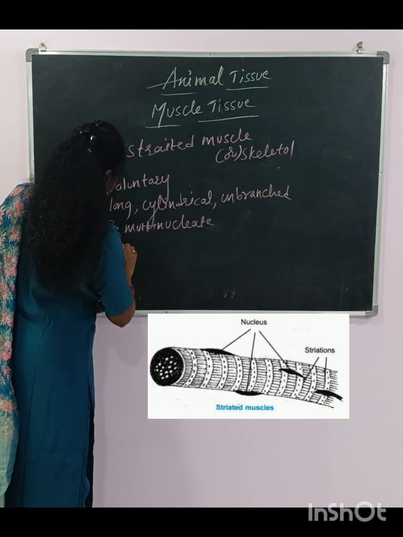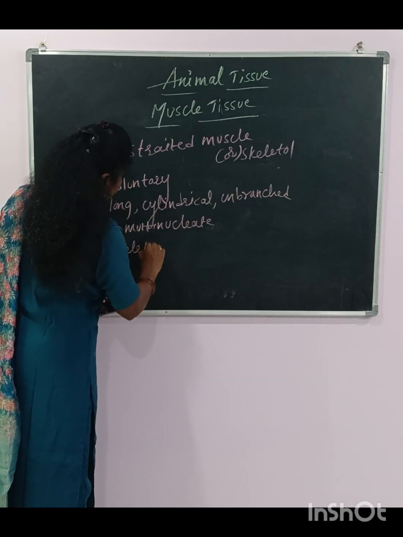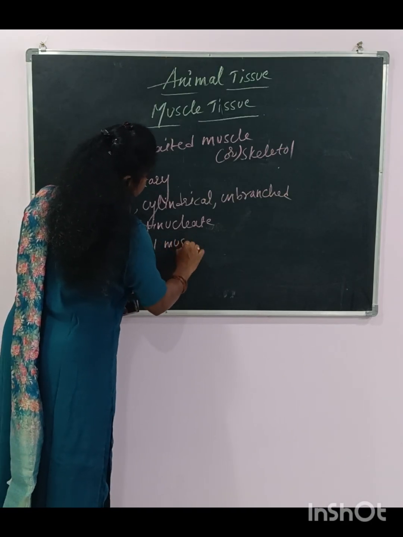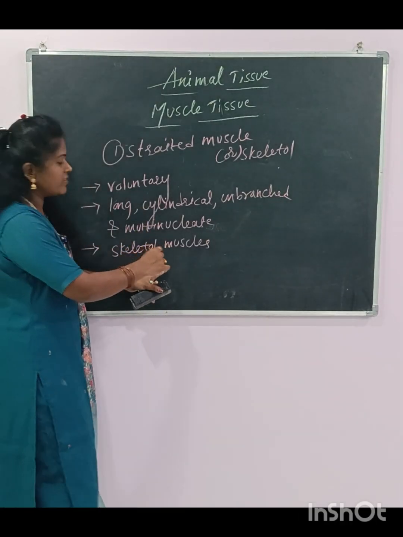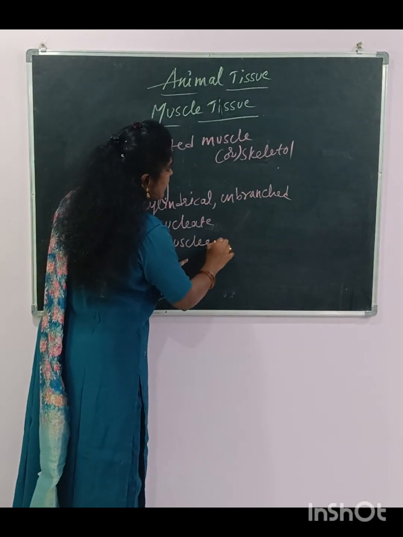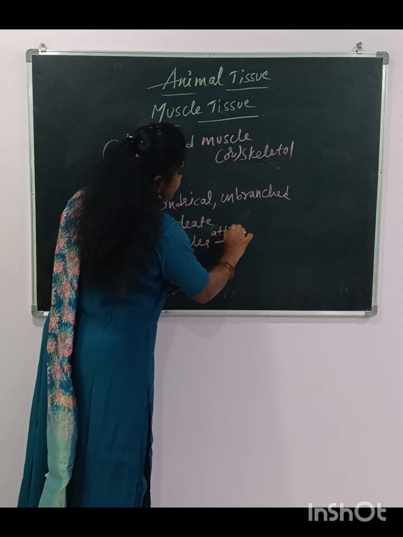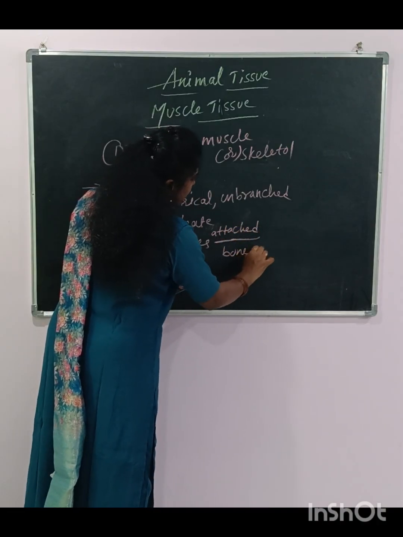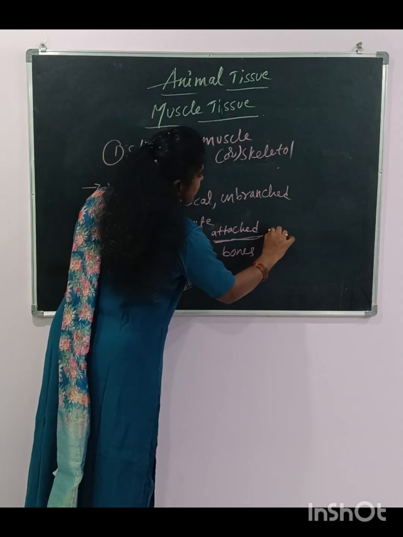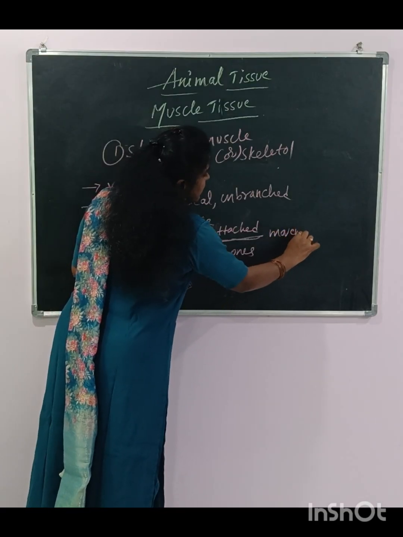Striated muscle is also called the skeletal muscle. Why are these striated muscles called skeletal muscles? Because these muscles attach to the bones and help in movement.